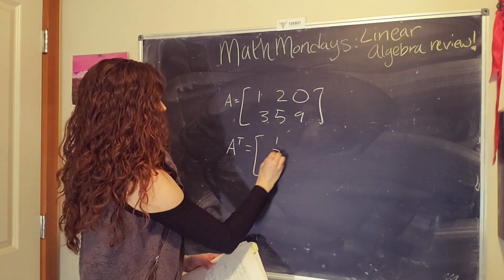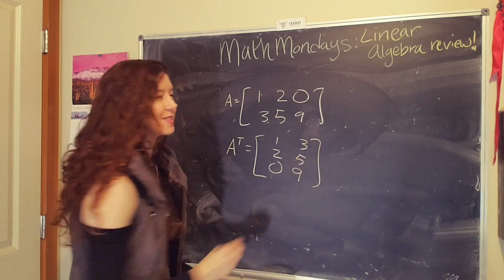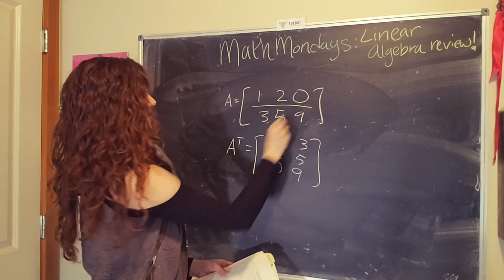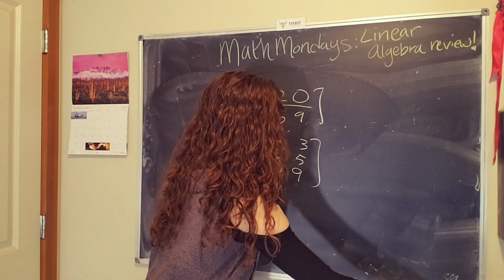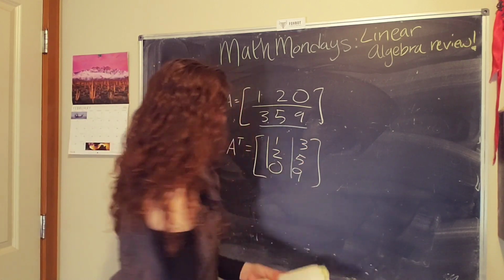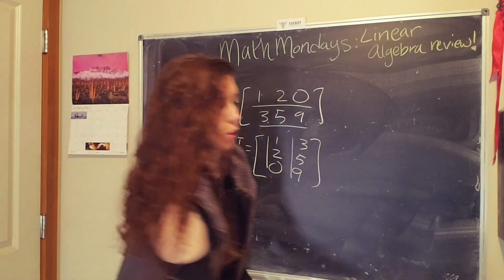So 1, 2, 0, 3, 5, 9. And because I love any excuse to use colors, this becomes the column, and this becomes the column. Okay, yeah, that's it. I'm gonna leave it there for now.